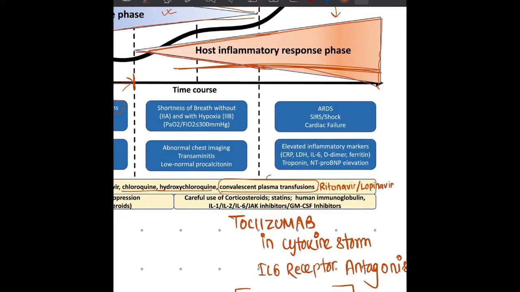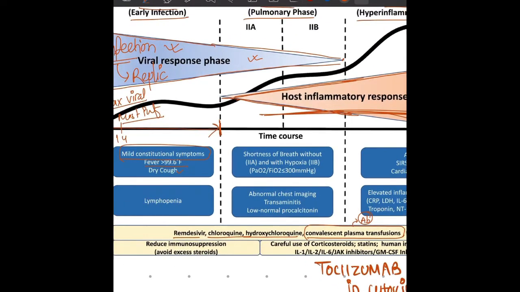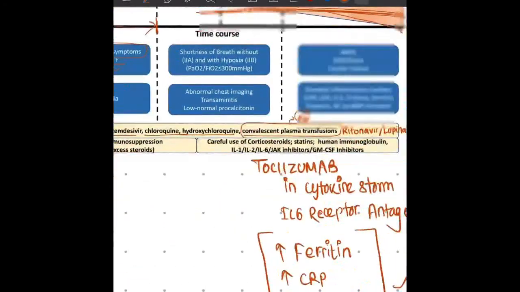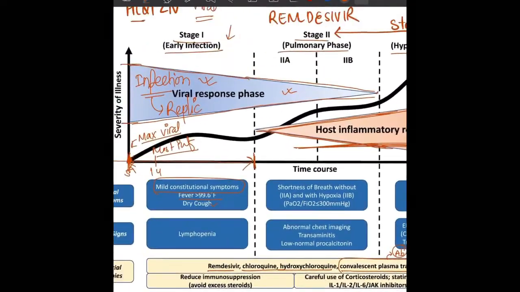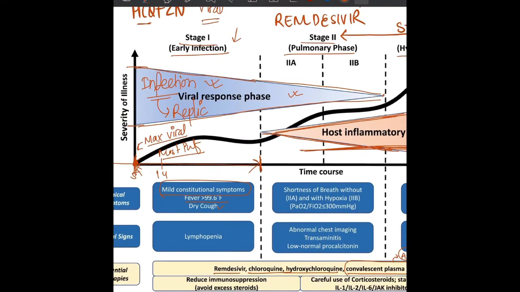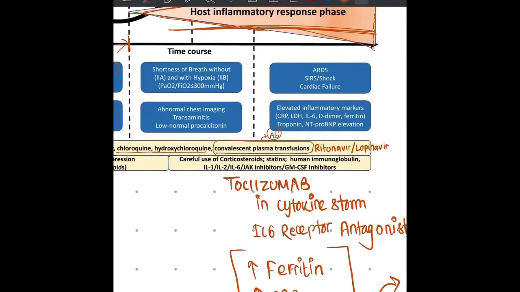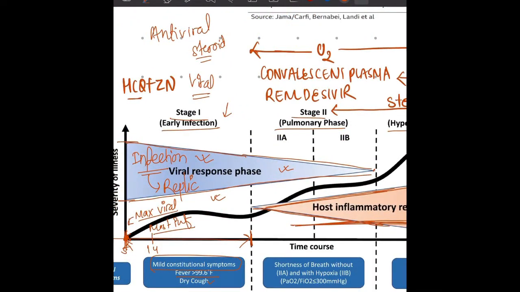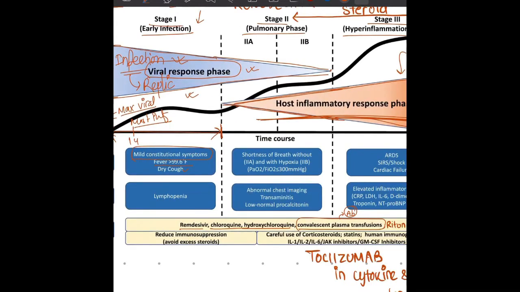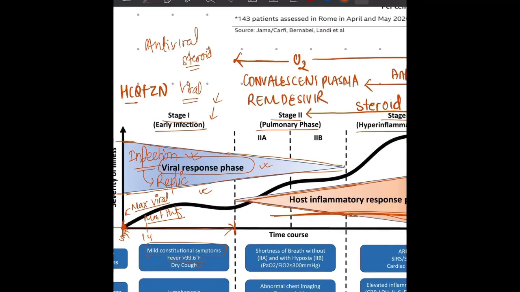In convalescent plasma, there is presence of antibodies against those viruses, and these antibodies cause neutralization of the virus, and hence convalescent plasma is particularly important in the treatment of the early phase of the disease, when symptoms are because of the viral phase, right? At the same time, ritonavir and lopinavir are also important in the early phase of the disease when the viral load is particularly high. And yet, that being said, convalescent plasma and remdesivir are not used in stage 1.